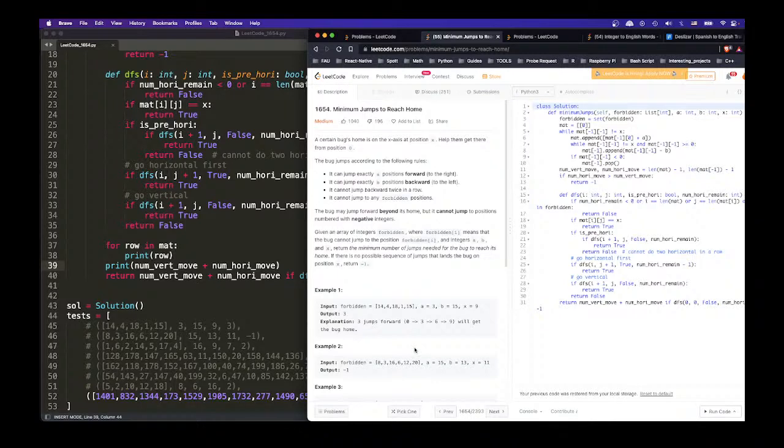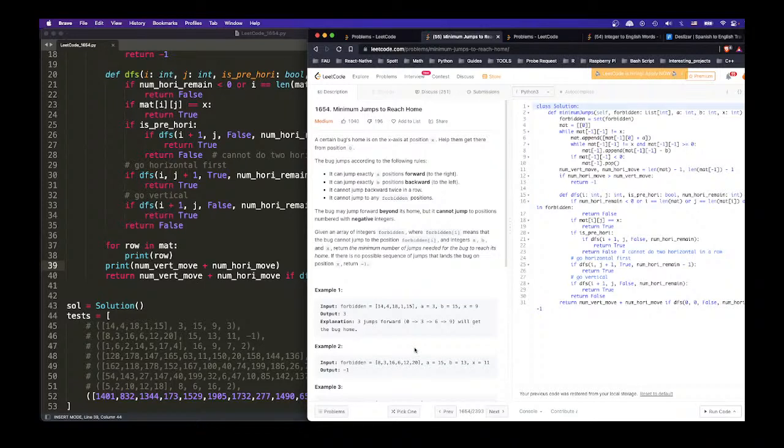Okay, BFS. We want a minimum number of steps to reach. I think I tried BFS, but it didn't work. It's like, how do I know? I mean, I can see how BFS works, but we tried that, and that also didn't work.